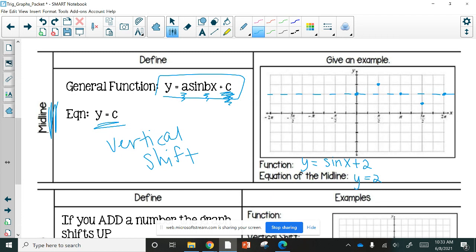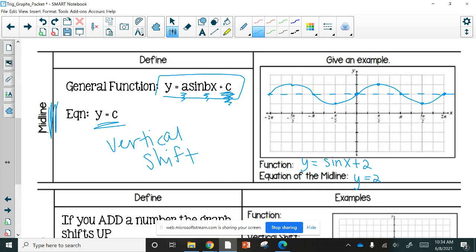So when you have a midline, you always start at the midline. Your amplitude is how much you go up and down from your midline. Okay? Our amplitude is 1 here because there was nothing in front of sine. So we just went up 1, back to our midline, down 1, back to our midline. And you could go the same in the opposite direction.